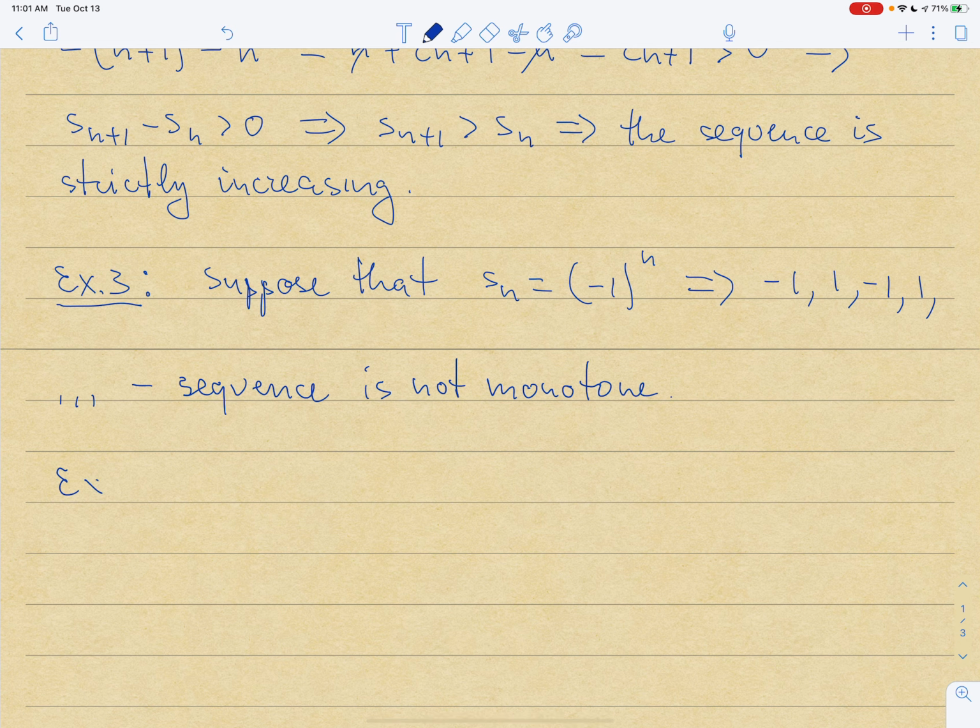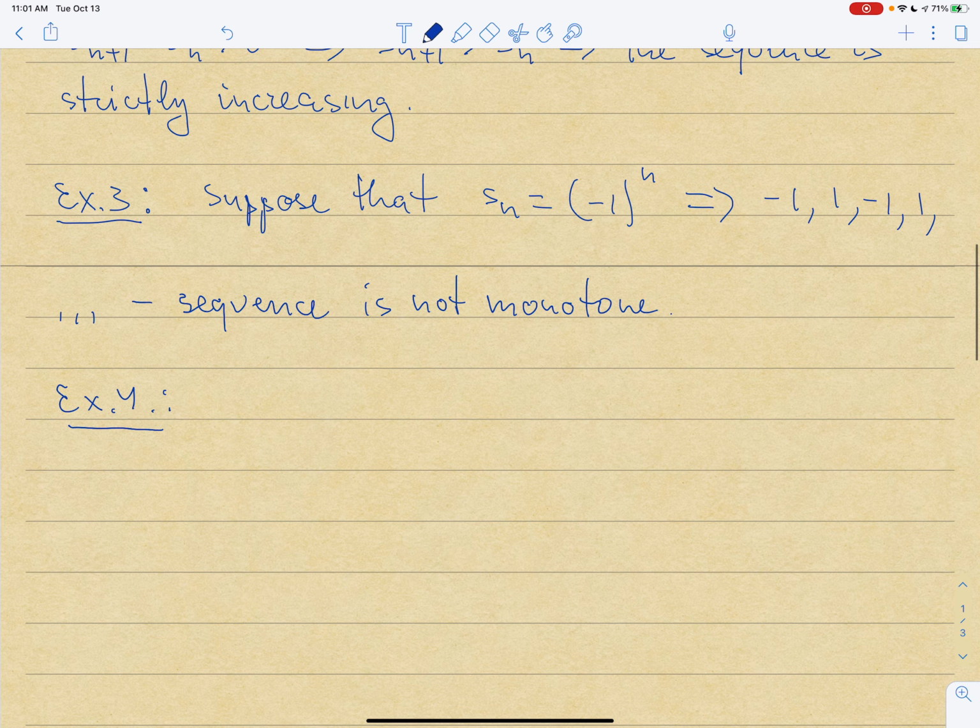Example number 4. Let's suppose that Sn is equal to 1 for all n greater or equal than 1.